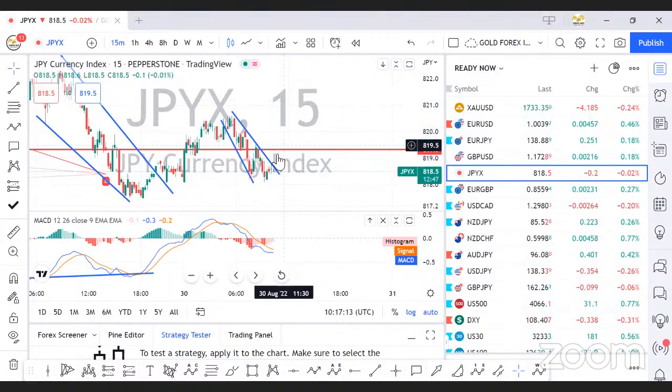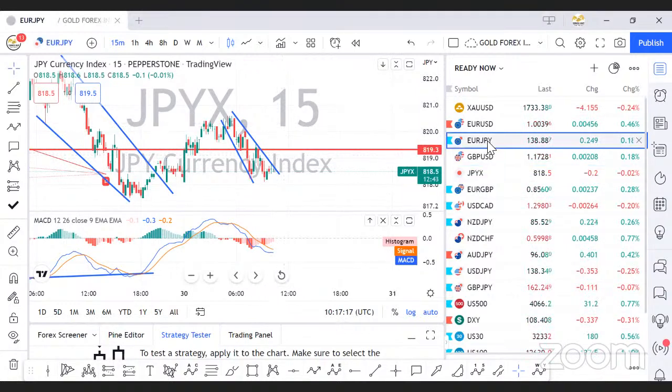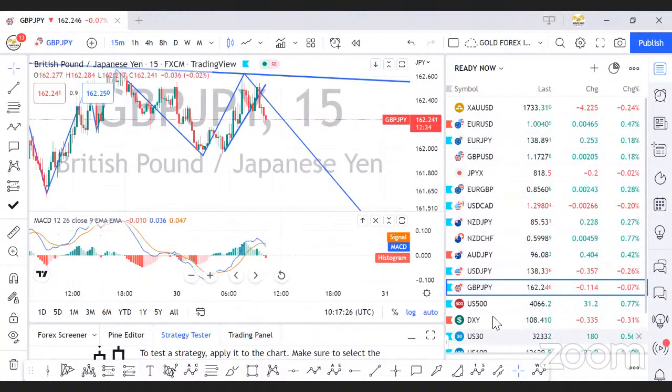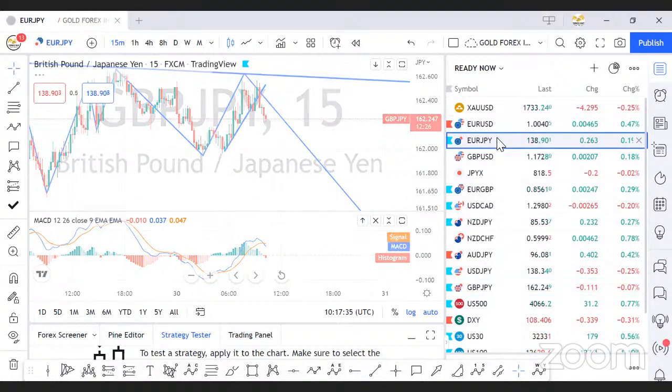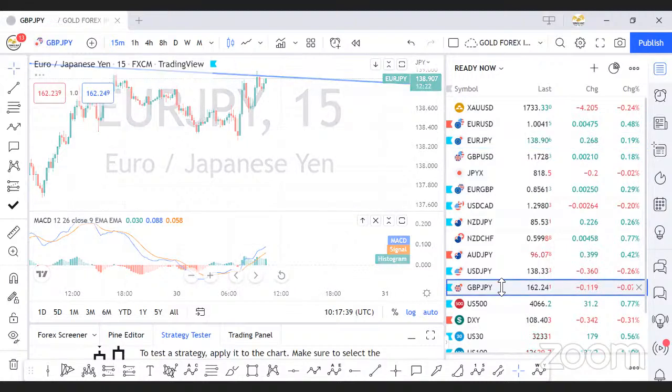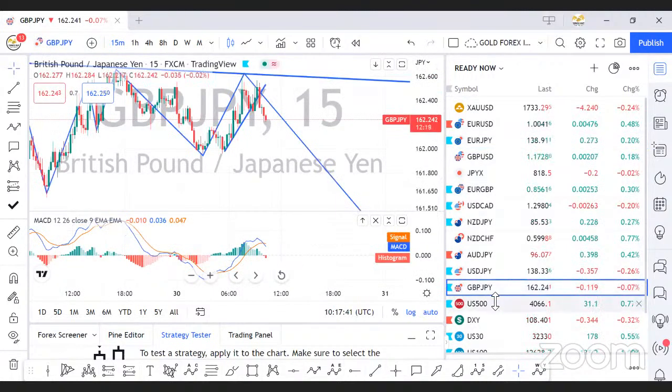So let's see whether it will break this level. Once it breaks, then it will be good for the euro yen and the rest. This one has already given us the direction, pound JPY. So maybe euro yen will follow suit. Euro yen is going up, but the way pound JPY is already selling, euro yen might follow suit.